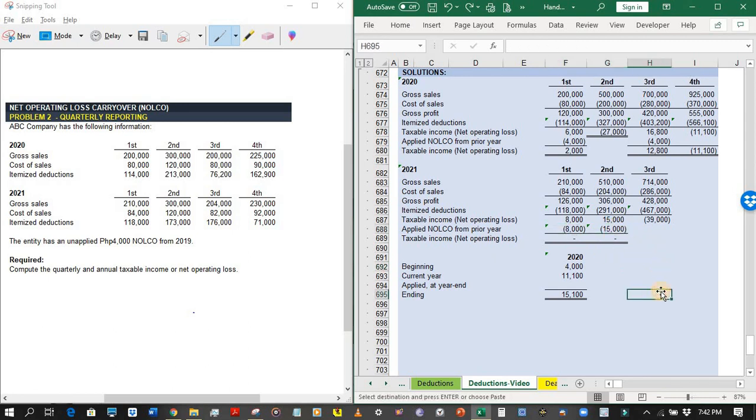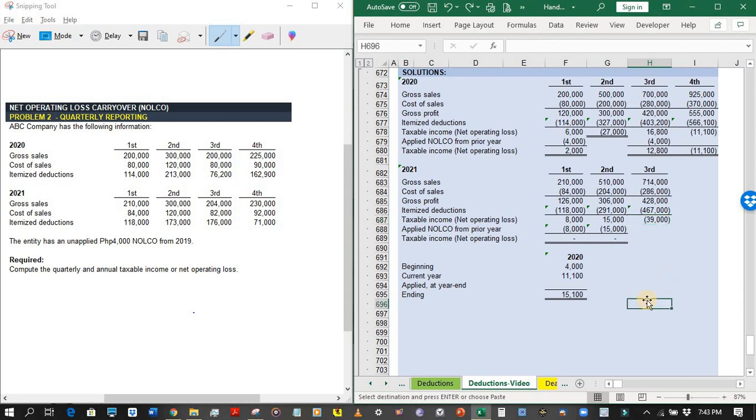Again, because NOLCO can only be deducted from taxable income. And since the third quarter period, which is cumulative, reported a net operating loss, it means that there should be no amount of the 15,000 allowed to be deducted from taxable income because we have no taxable income. We have a net operating loss for the third quarter.